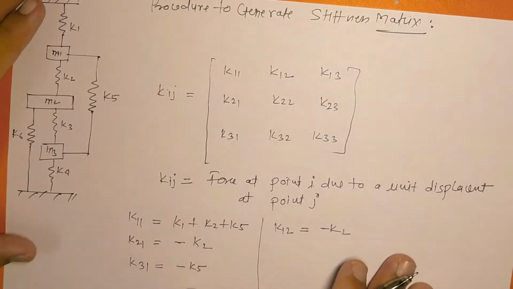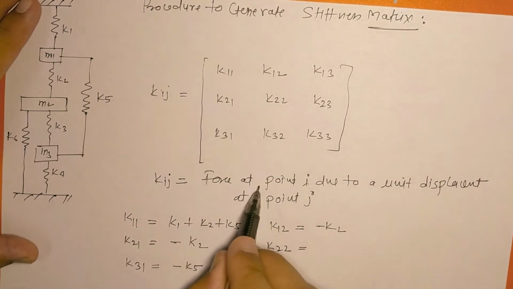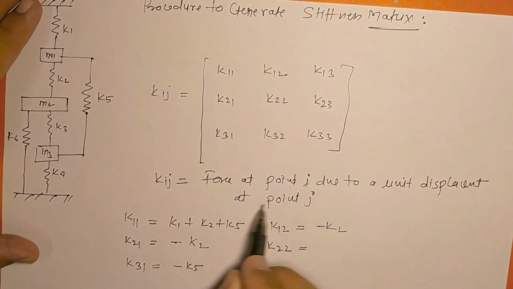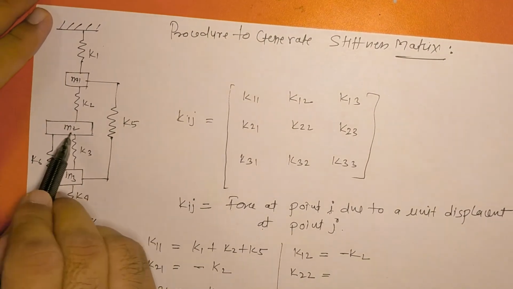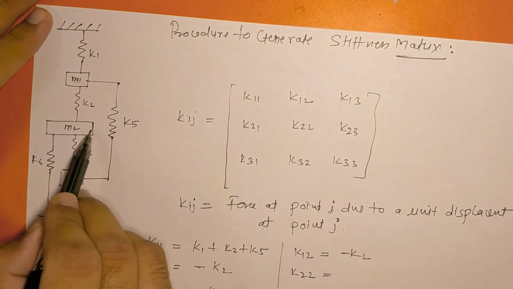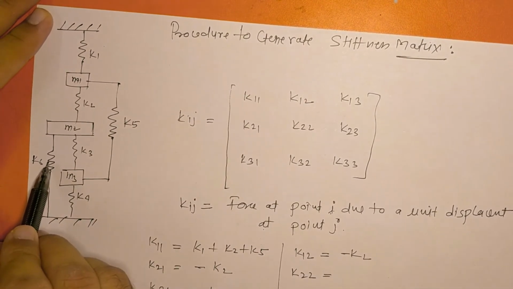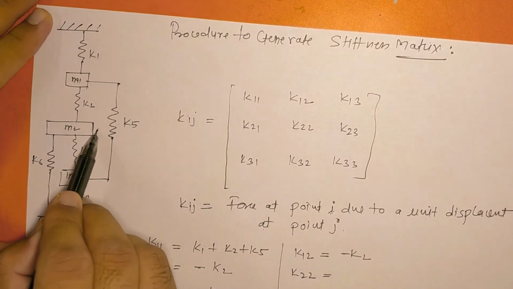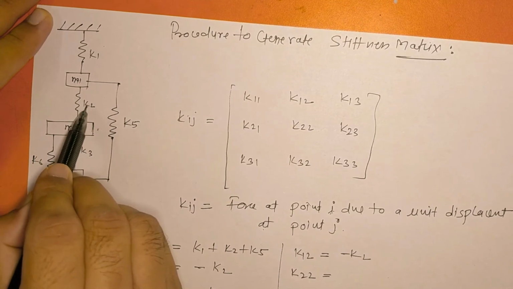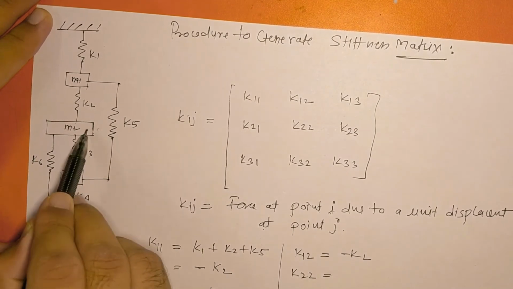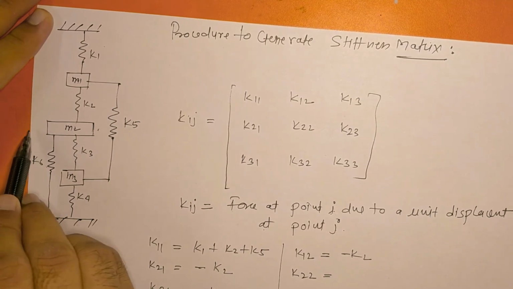And similarly, K22 means force at point 2 due to unit displacement at point 2. If we displace this mass with unit displacement, this mass is connected with K2, K3 and K6. If we displace in this direction, K2 will exert a force K2, K3 will exert a force K3 and K6 will exert a force K6 in this direction.